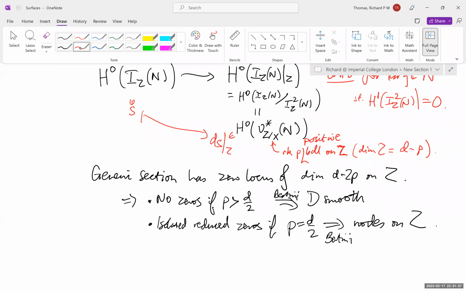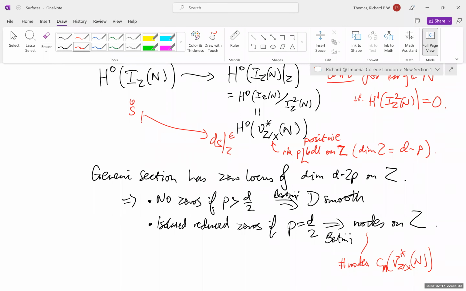I'll write it down. So the number of nodes in the half-dimensional case is the top Chern class, Cn of this normal bundle to Z in X dual twisted by big N. And we can't control that because I don't know how big I have to take big N.